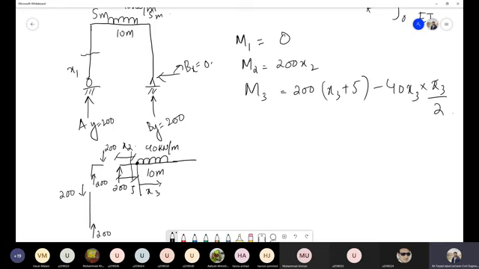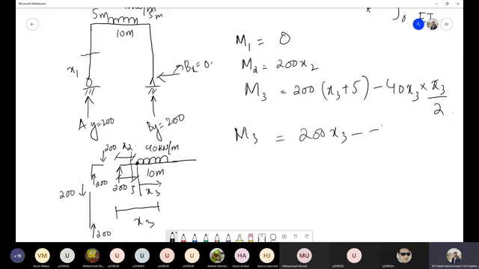Right? And the other way to write the equation for this section would be that I will take the distance x3 from the start. So in that case, the equation will be 200 into x3, and the second one is this moment.